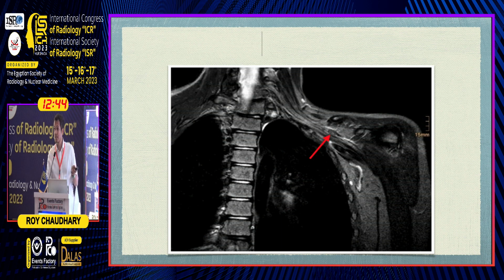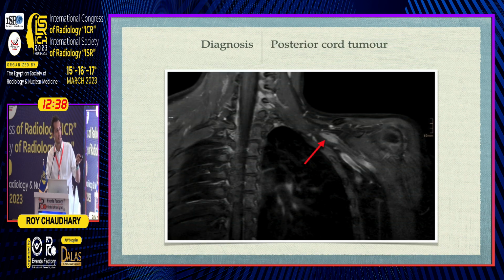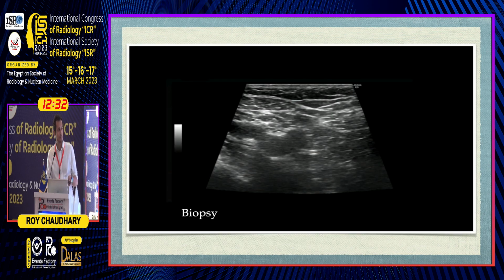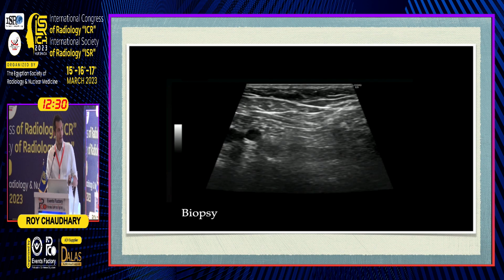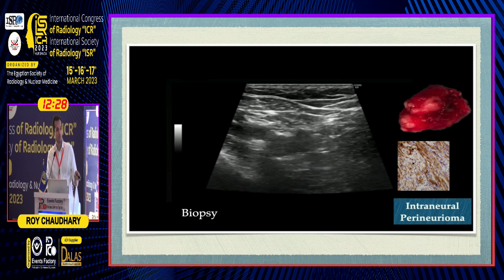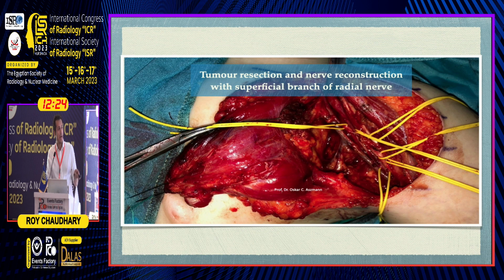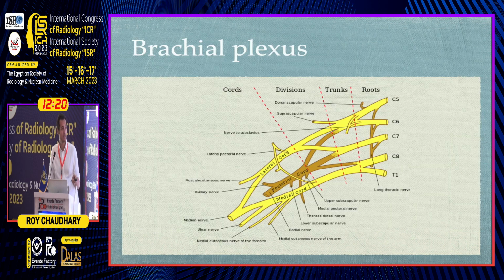So we did a contrast-enhanced scan of the brachial plexus, and actually we found an enhancing lesion in the posterior cord. So we went ahead and did a biopsy of that, and it turned out to be an intraneural perineurioma. And the tumor was resected and the nerve reconstruction was performed.